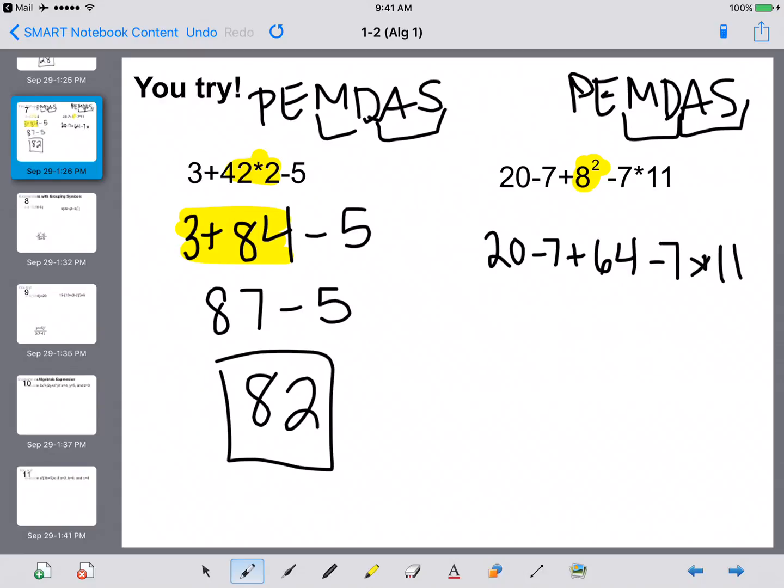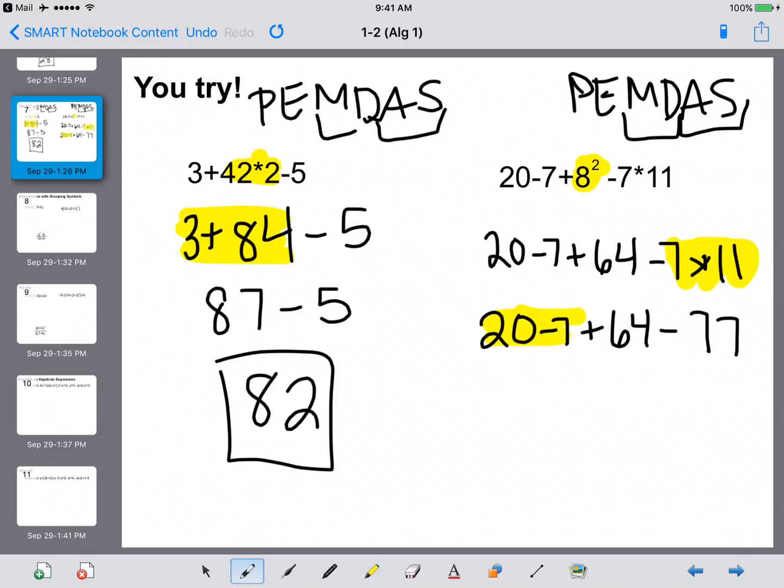So 7 times 11. No more exponents left, so multiplication and division. Going from left to right here, we only have it at the end. 7 times 11. So I'm going to write everything out. 20 minus 7 plus 64 minus 7 times 11 is 77. I don't see any more multiplication and division, so we're just going to work from left to right.